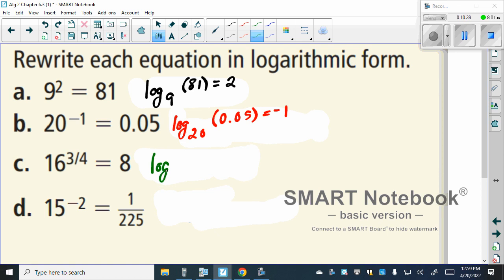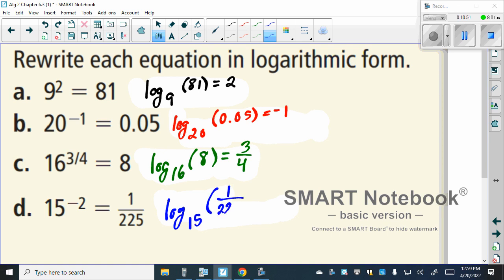So log of equals, and lastly, log base of 5 equals -2. Any questions on these here? We ready for what's next?